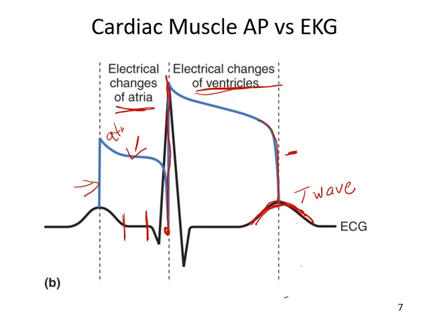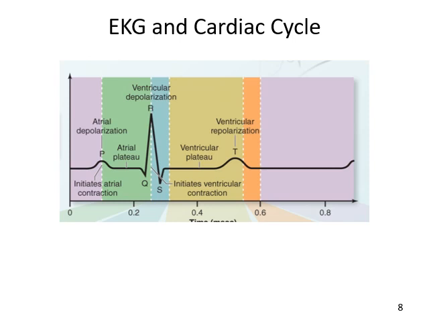Okay, so where are we on the cardiac action potential? We can also figure out what's going on as far as the cardiac cycle. So what is my heart muscle, my heart chambers, what are those actually up to during each part we're seeing on the EKG?